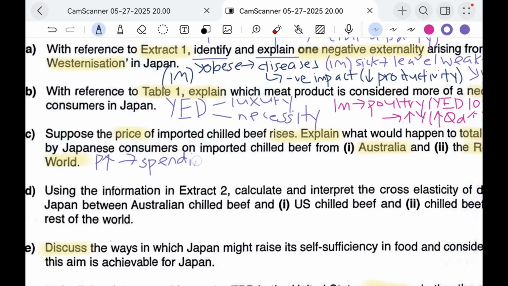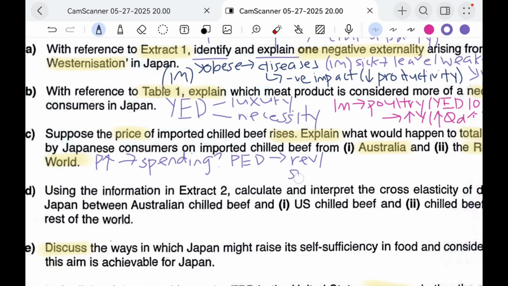So actually when you think back of your content, this is covered under your PED. So remember for PED, the difference with the other two elasticity concepts is that apart from talking about the definition and how you apply it, right? Actually, there is a separate session talking about PED's impact on your revenue and spending. So this is about how it impacts your revenue and spending.